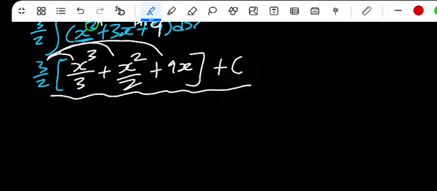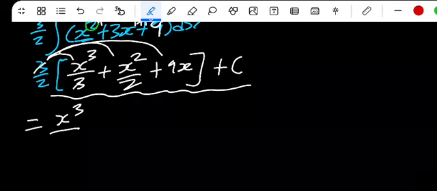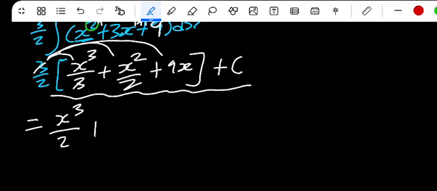Okay, let's just distribute for the sake of it. If you distribute this, you'll have x cubed, because 3 and 3 will cancel. We're left with the 2 there, plus, distributing this 3 over, that will be 3x squared.